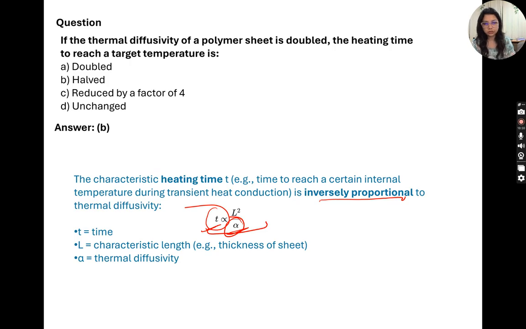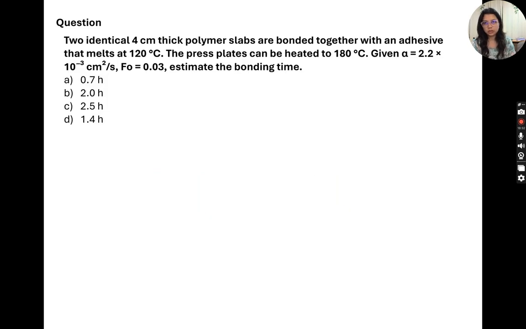Let's move on to another question then. This is a tricky question, not exactly tricky, but you need to take out your calculators, a copy, and a pen to solve this. Two identical 4 centimeter thick polymer slabs are bonded together with an adhesive that melts at 120 degrees Celsius. The press plate can be heated to 180 degrees Celsius, given alpha is 2.2 times 10 to the power minus 3 centimeters squared per second, and F0, the Fourier number, is 0.0.